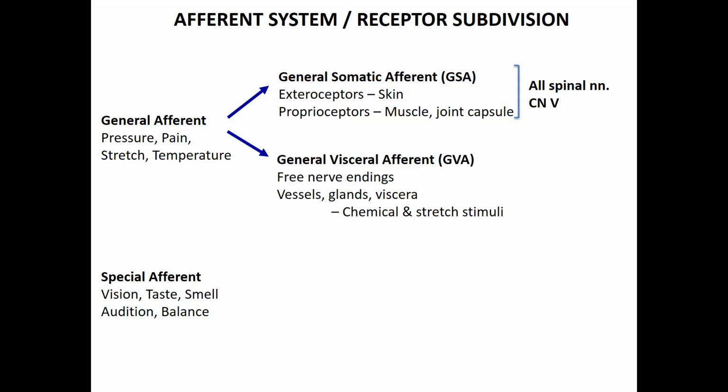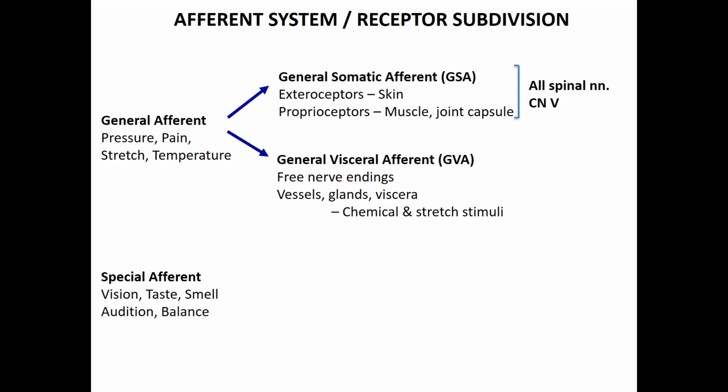Then within the general afferents, our next subdivision is the general visceral afferents. The name should indicate that these afferents, or sensory endings or receptors, are present in the organs or within the viscera. They are basically free nerve endings, also called nociceptors, or sensitive to pain.